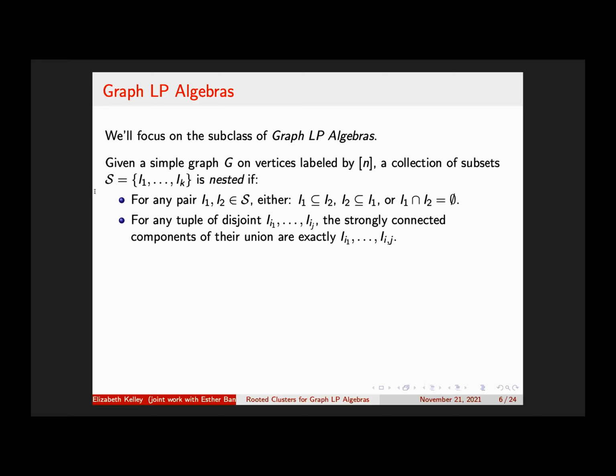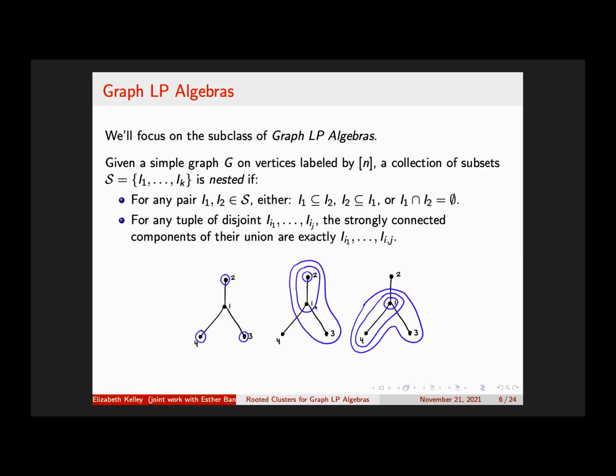So I drew some examples of collections of subsets that are considered nested. So for example, if I look at this leftmost drawing, I can see that if I take any pair of subsets there, either they're going to have an empty intersection if they're distinct subsets, or one is going to be equal to the other, right?